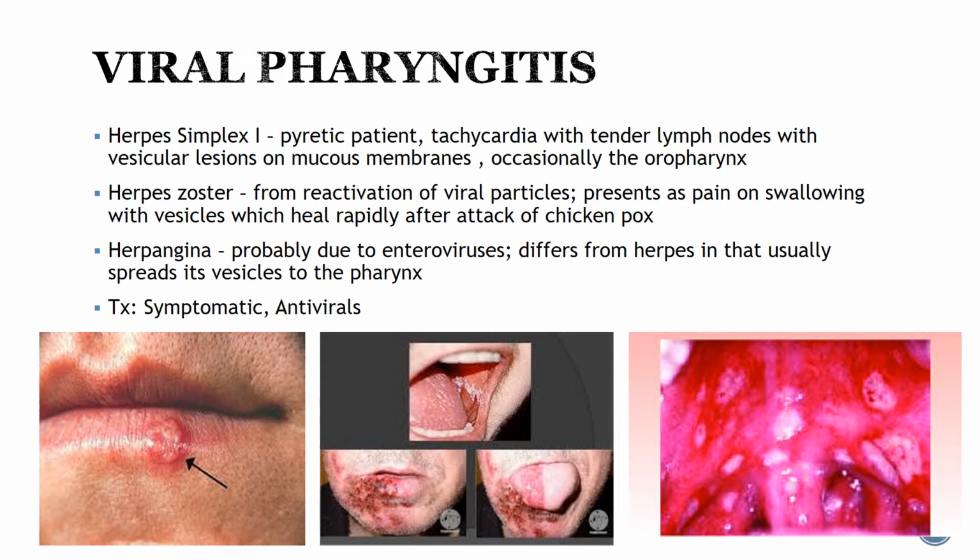Herpes zoster is from the reactivation of viral particles, and this presents as pain on swallowing with vesicles which heal rapidly after an attack of chickenpox. Herpangina is probably due to the enteroviruses, and differs from the herpes in that it usually spreads its vesicles to the pharynx. Treatment of this is symptomatic, and we also give antivirals.